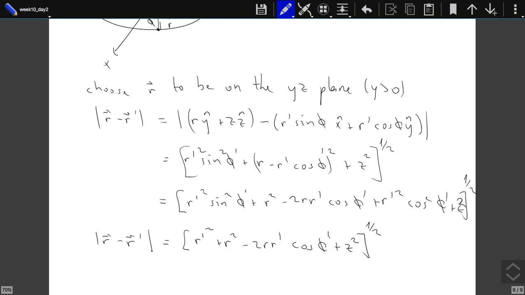Well, the thing that will be interesting for me, the thing that I will be using, is that this is symmetric if you just change phi to phi prime.